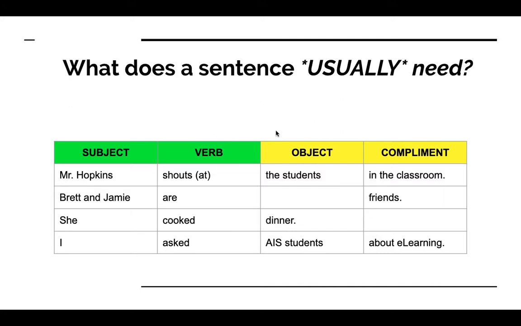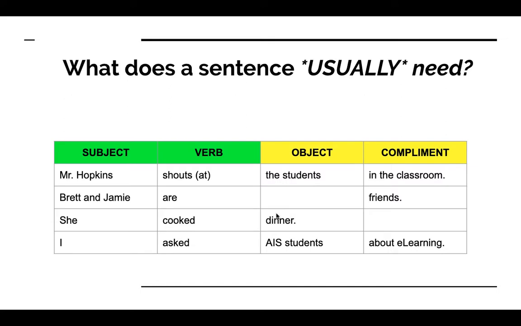A sentence can also have an object, and that is the thing that is connected to the verb. So if I shout at the students, that would be the indirect object in this case. I shout at them. I could also shout swear words. That would be an object. She cooked dinner.